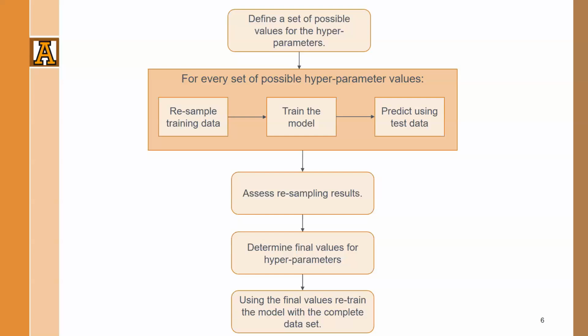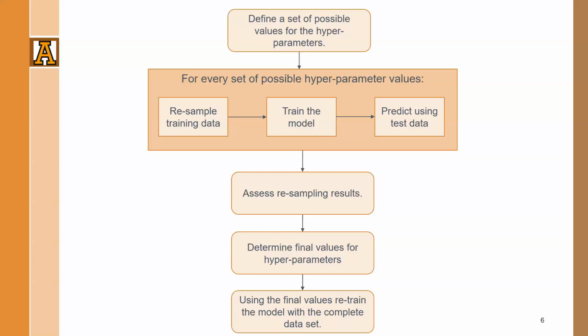Then once we have selected them, we train the models. So for every combination of hyperparameters, we'll train the model. Every time we train a model with a set of hyperparameters, we get a result, which could be misclassification rate or area under the curve and so on.